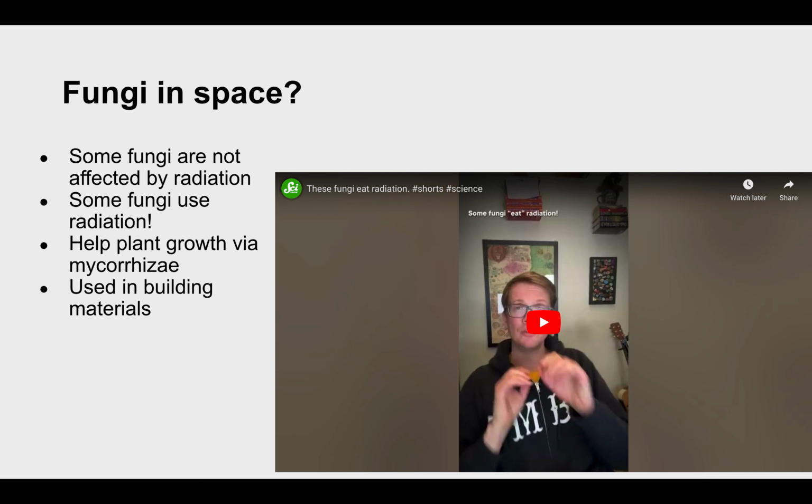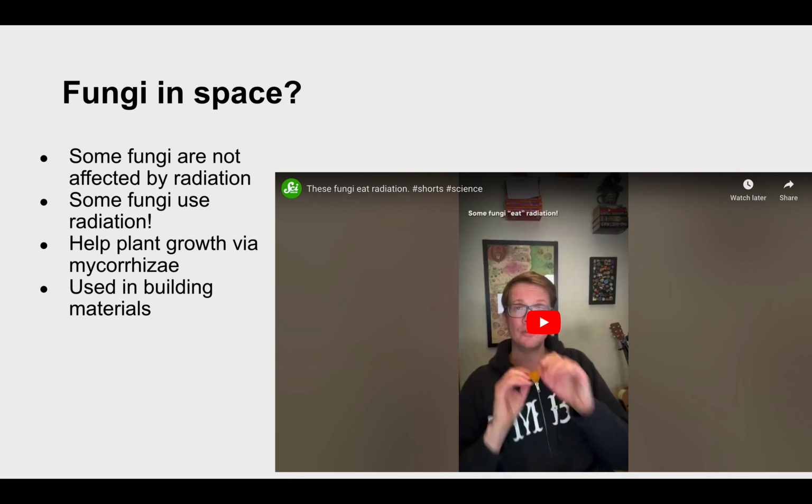We're also sending fungi into space because fungi could actually be really useful. First of all, some fungi are just not affected by radiation. That's crazy. Most organisms on Earth are affected by radiation, and in a very harmful way. Too much radiation can cause consequences for your DNA. It can cause cancers. Some fungi are simply not affected.